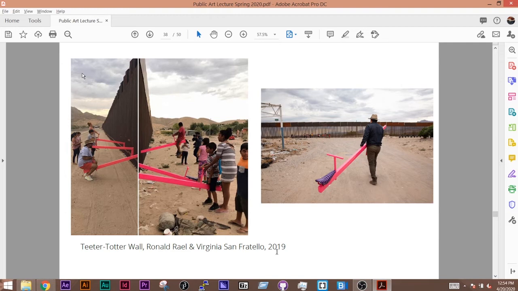So instead of this site being one of tension and trauma, it would have the potential to become one of play. So it really drew attention to the site as one of play and connection between families that are located on both sides of the wall.